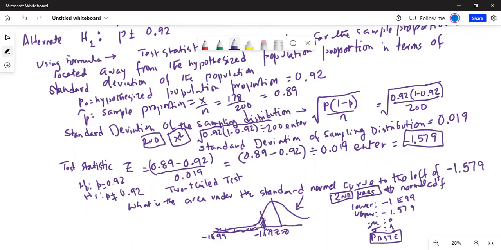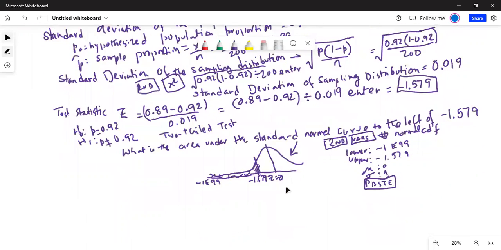So we can create some more space. The area to the left of minus 1.579 is 0.1.